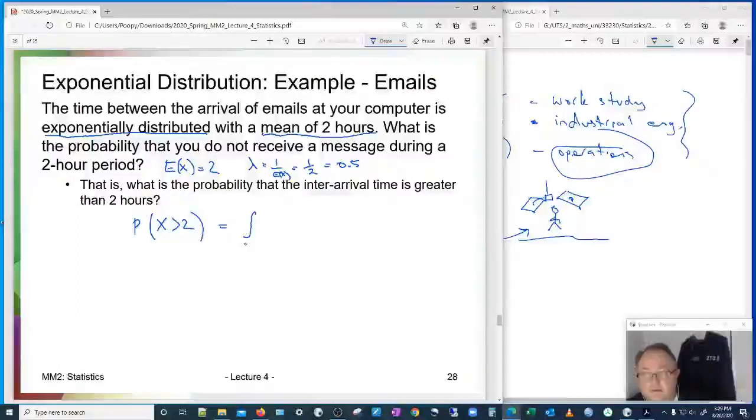So we'll have our integral from 2 to infinity, lambda e to the minus lambda x. Remember that lambda is a fraction, so it's going to look weird. And we're also using the property of a negative e to the x, which goes down to 0 as x goes to infinity.